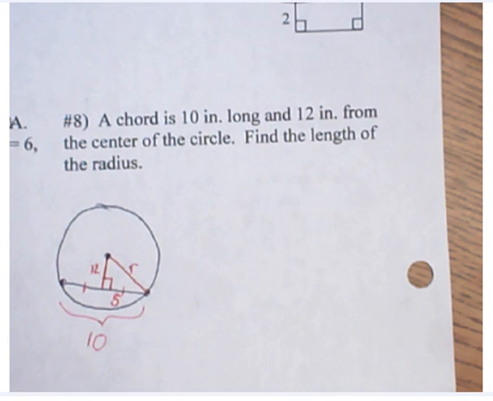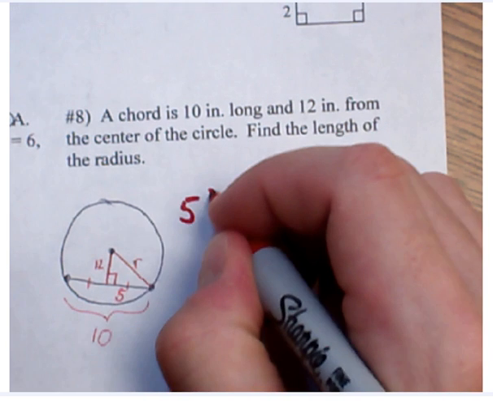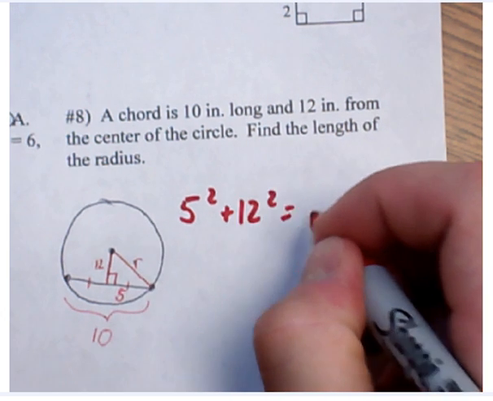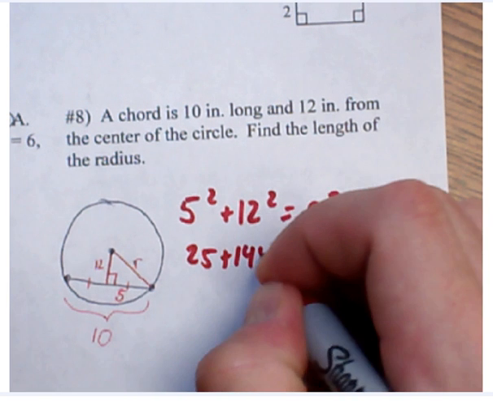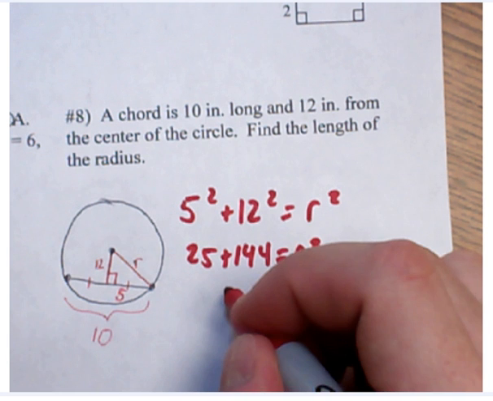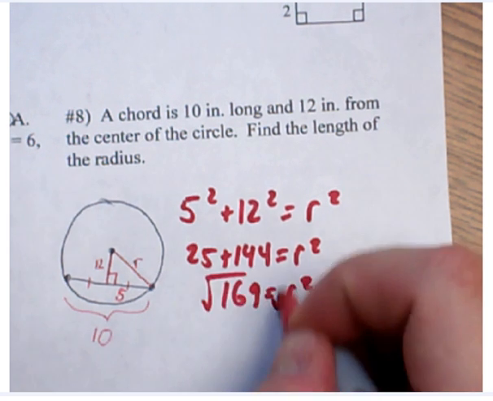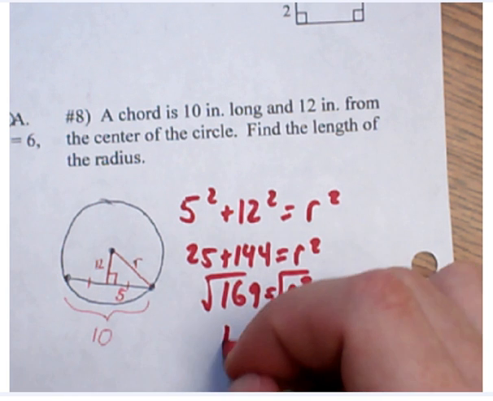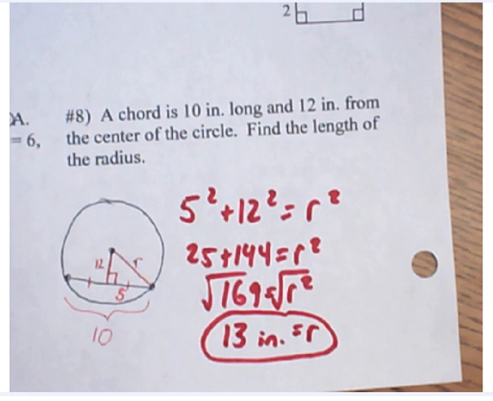So now we can do the Pythagorean theorem. A and B are the legs, so 5 squared plus 12 squared is R squared. You get 25 plus 144 equals R squared. That adds up to 169. Take the square root of both sides, and we get 13 inches is the radius.